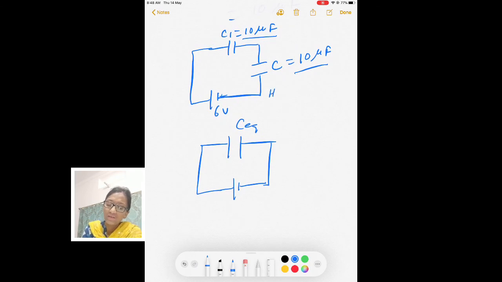Here C equivalent can be obtained. Let me find C equivalent here. Here you have series combination.